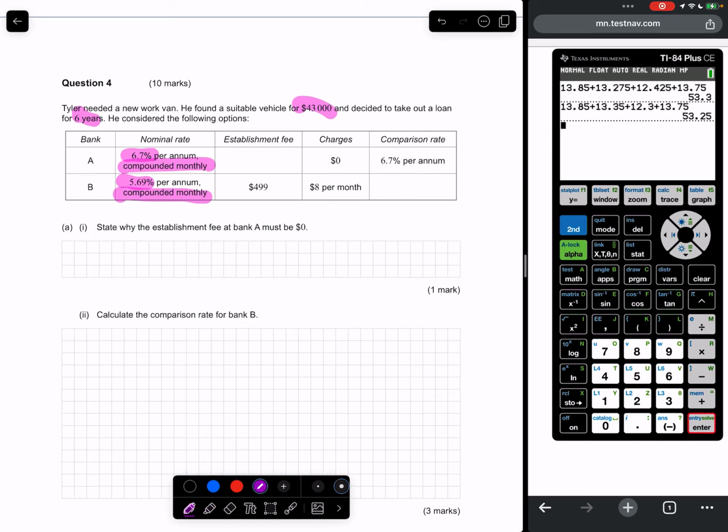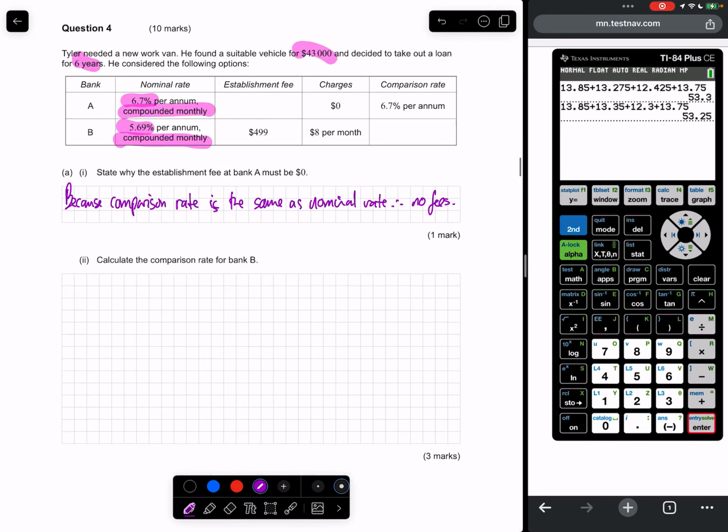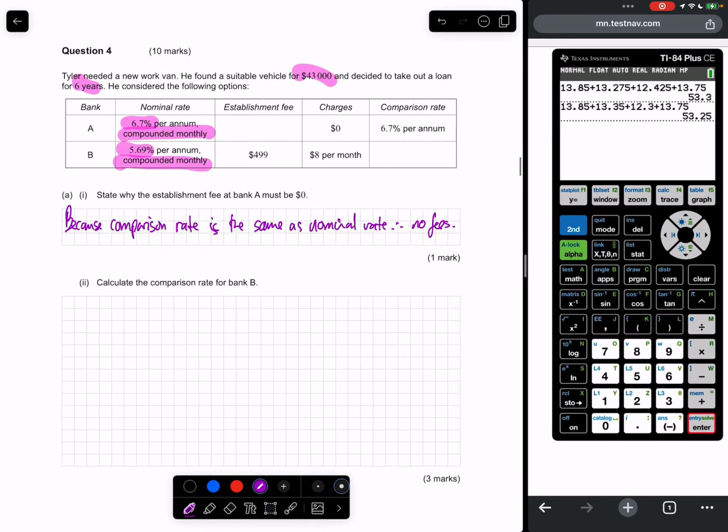State why the establishment fee at Bank A must be $0. Because the comparison rate is the same as the nominal rate. Therefore, no fees, so the establishment fee is $0.